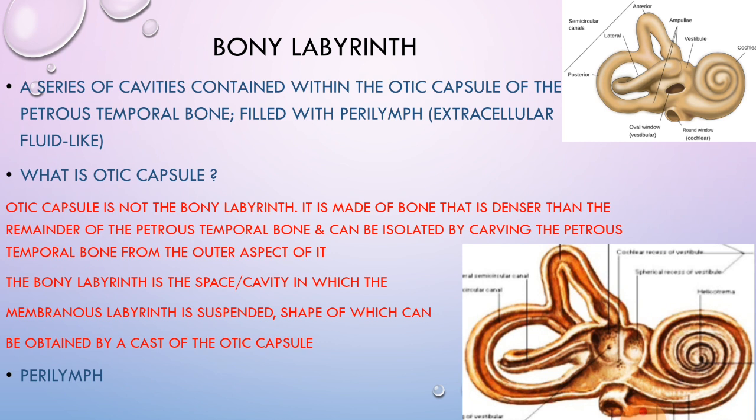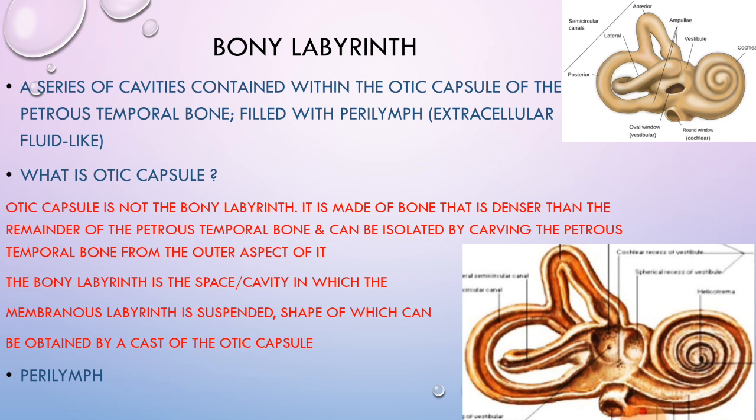Now, this means that if we carve the petrous temporal bone, we find a deeper, more denser bone, which is the otic capsule, and within the otic capsule are the bony cavities of the bony labyrinth. Now that means the otic capsule outlines the bony labyrinth.